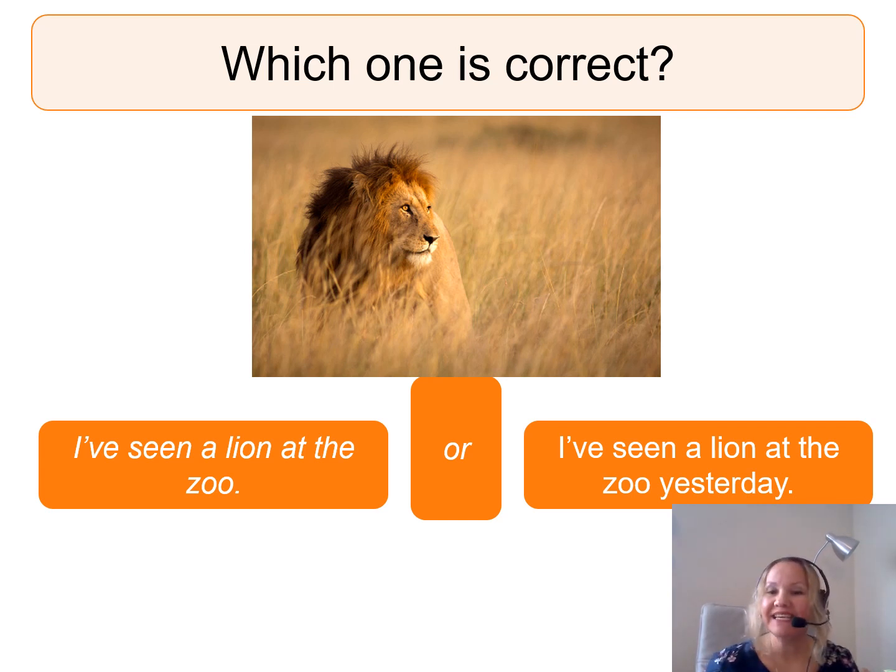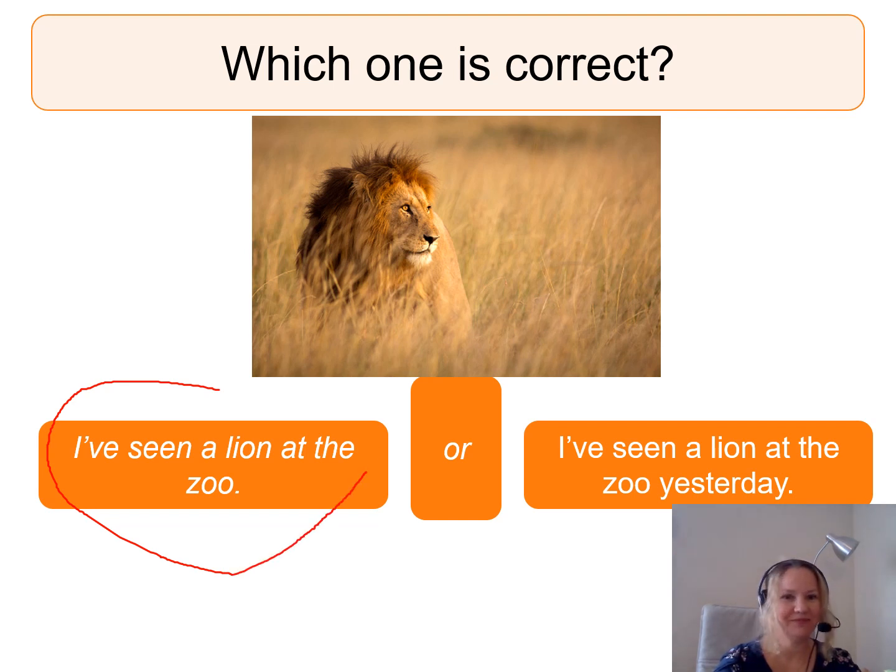I've seen a lion at the zoo. Excellent. And the reason... Oh, my pen is going a bit funny. I've seen a lion at the zoo with the present perfect tense.